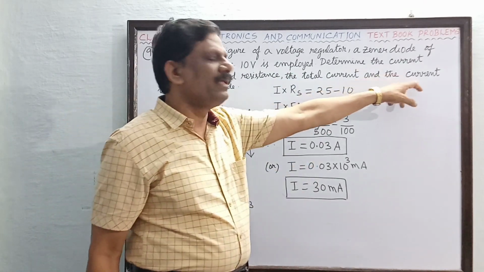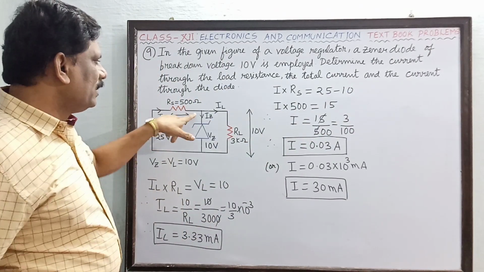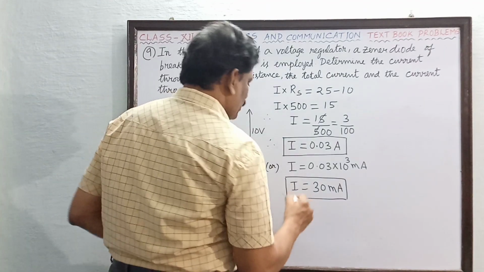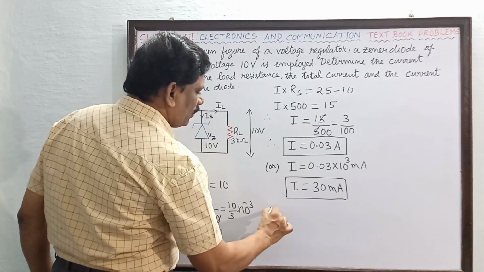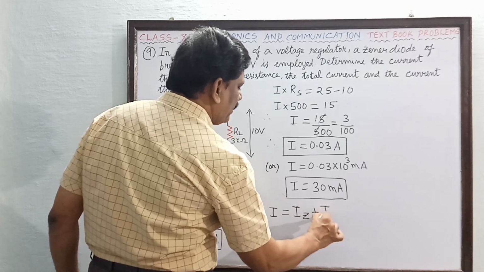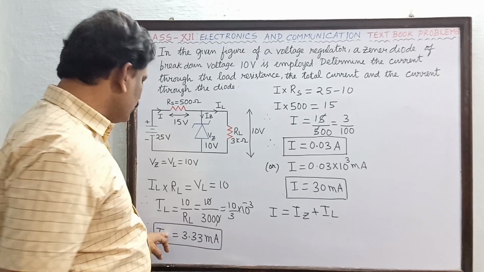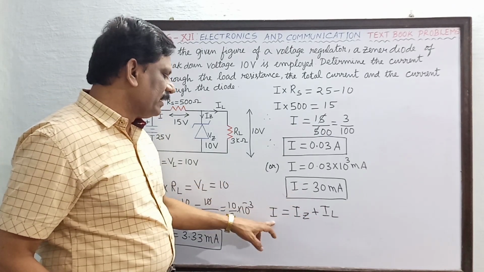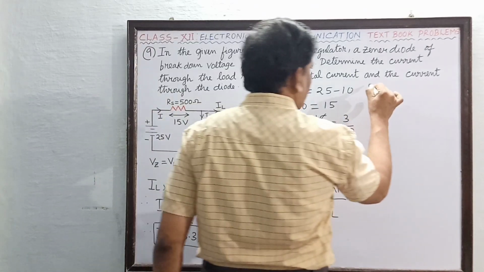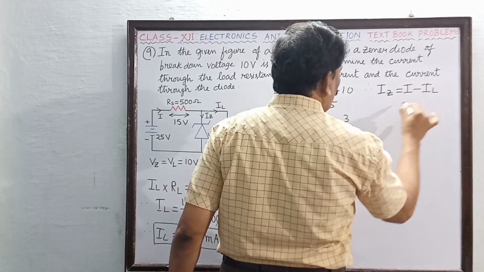Finally, what we have to find is the current through the diode. I already said at this junction we are going to apply Kirchhoff's current law. Applying Kirchhoff's current law, the total current I is equal to Zener current plus the load current. We now have the values of the load current IL and the total current I. Therefore, IZ is equal to main current minus the load current.